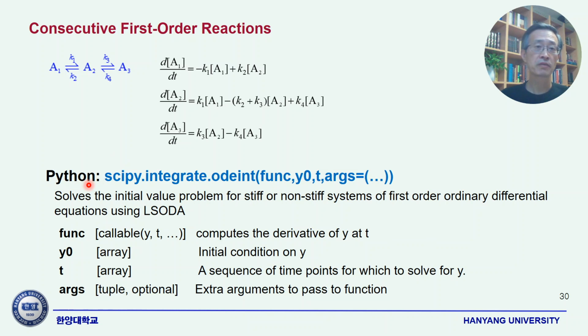With Python, we are going to use the ordinary differential equation integrator, odeint, from the SciPy integrate module. In the calling sequence, first we give the function, which is the derivative, then the initial condition and time span, and then arguments for the function.